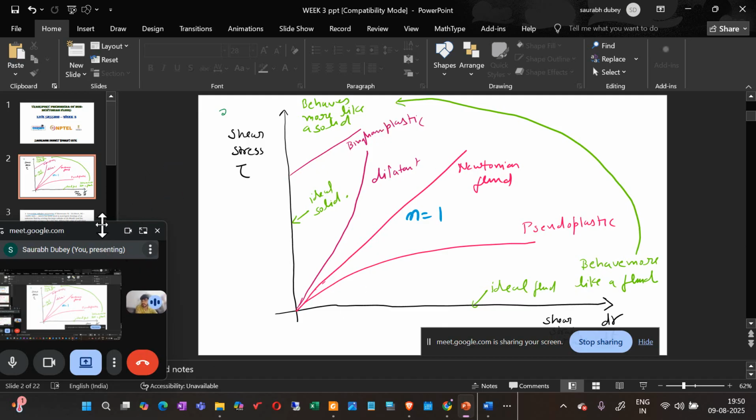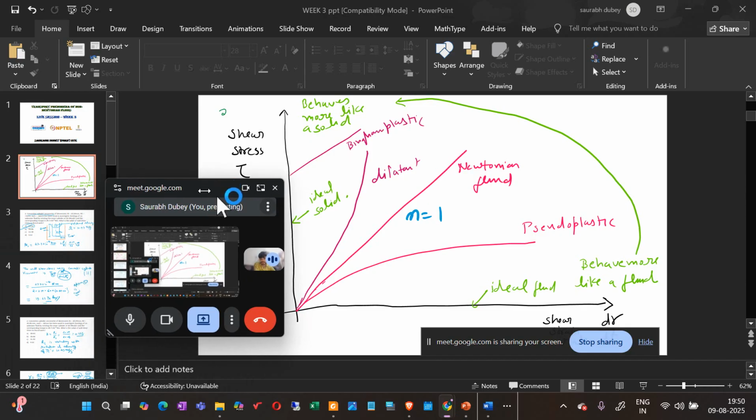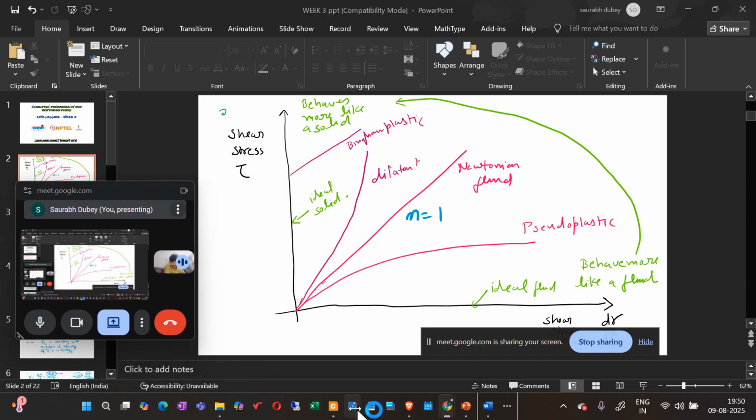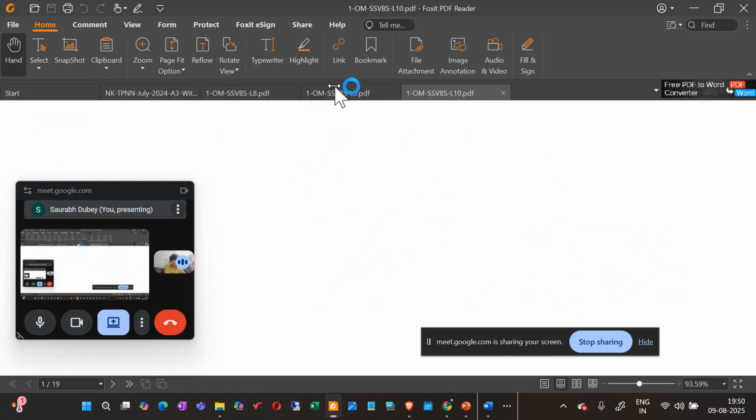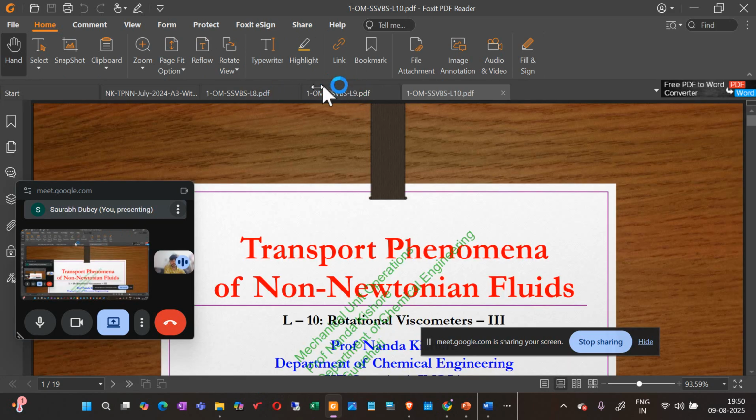So these can be decided based on the shear stress versus shear rate data that you have.